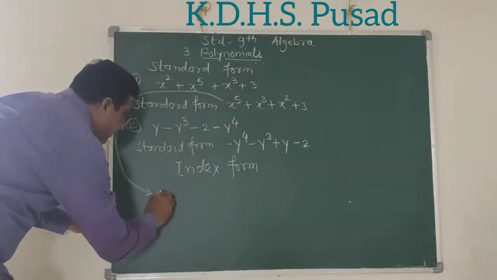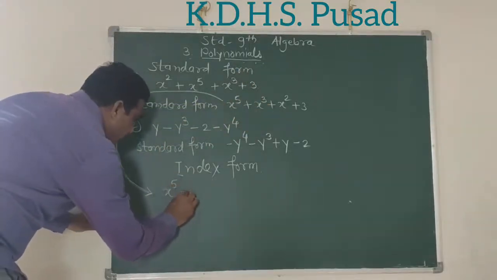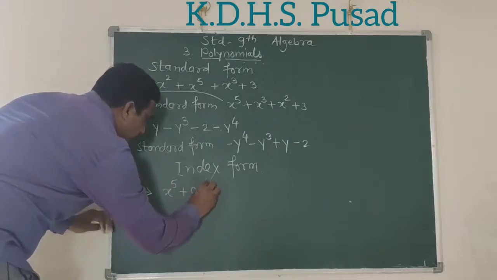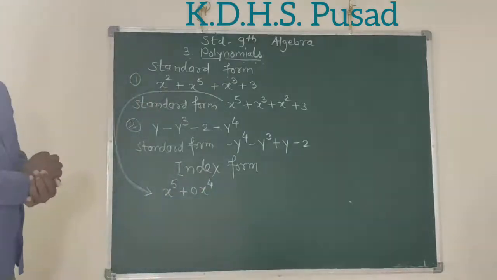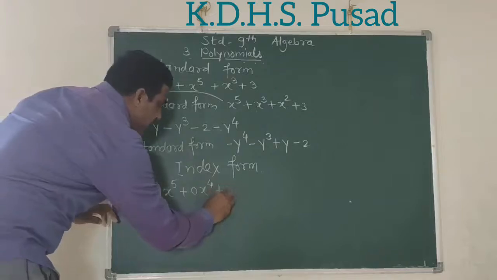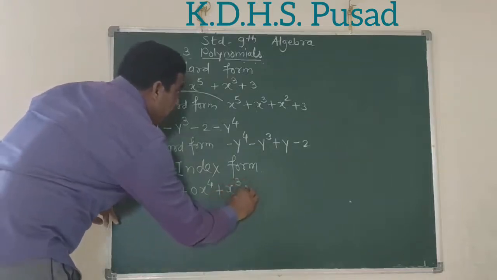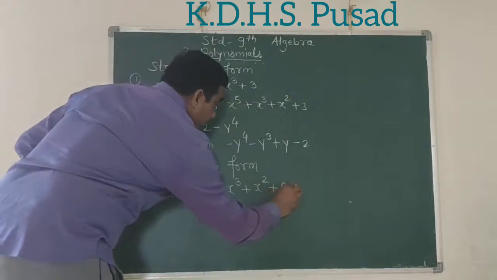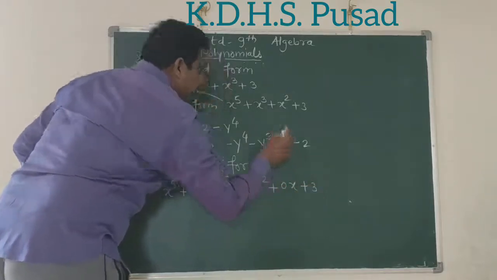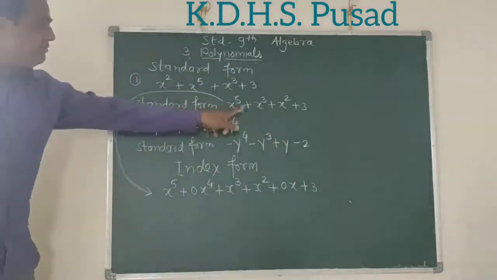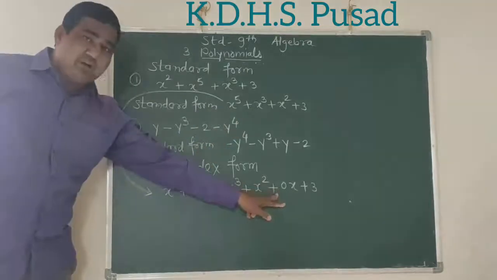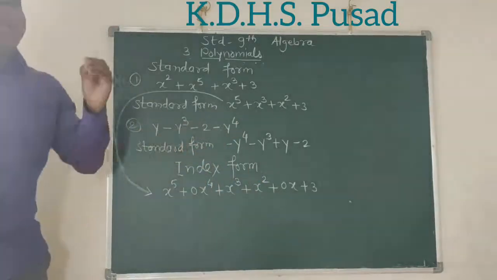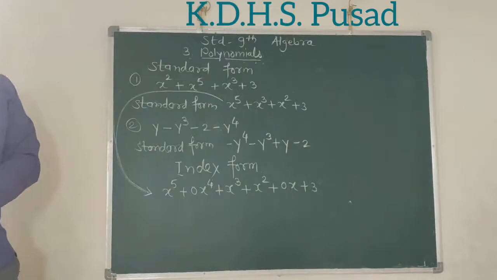So here, x to the power 5 plus 0x to the 4. Then x cube is there already, so x cube, then x square. Now x is not there, so 0x plus 3. In this way, whatever term is missing, you have to take the missing term according to its power by taking coefficient 0.